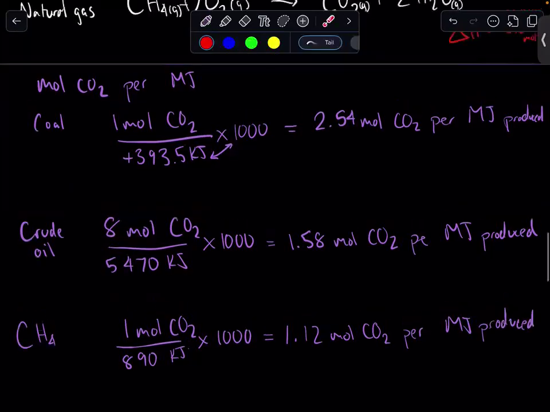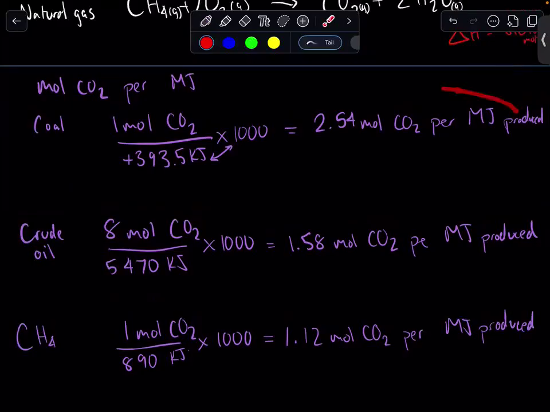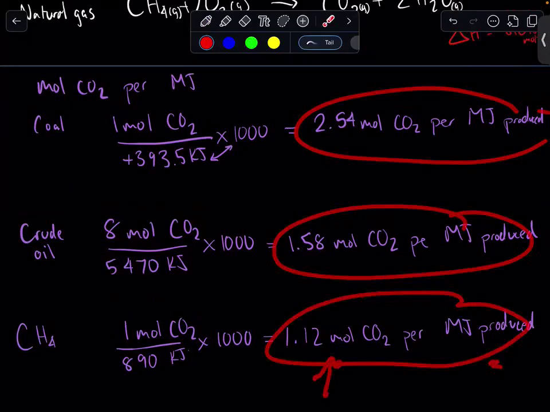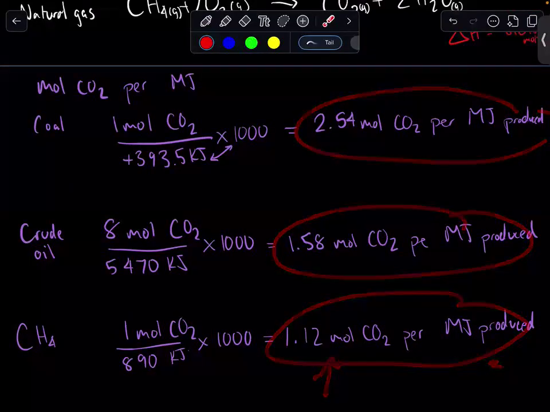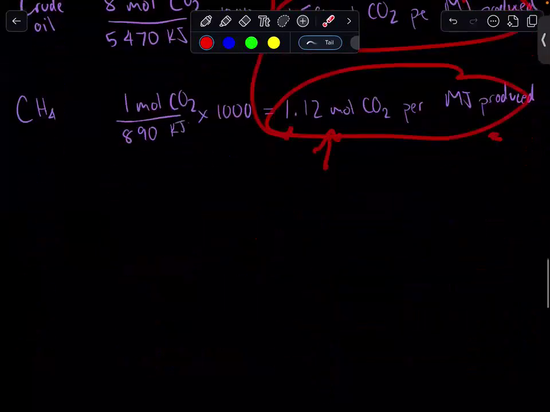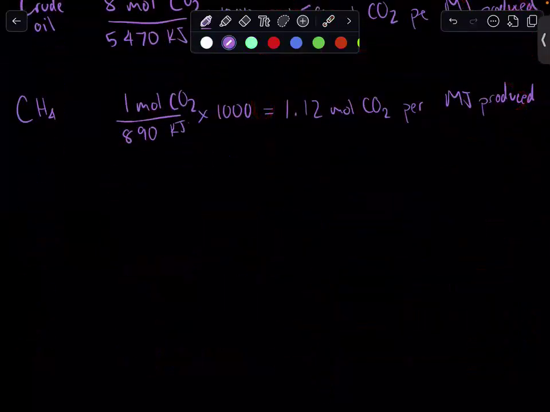So from this energy conversion per mole, we find that between the three of our fossil fuels, natural gas actually produces the least amount of carbon dioxide per megajoule, which tells us that natural gas might be the best in terms of reducing our greenhouse gases. But we want to look at other metrics too. There are many other ways that we can look at this.